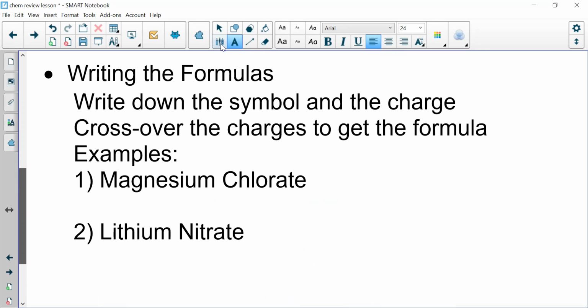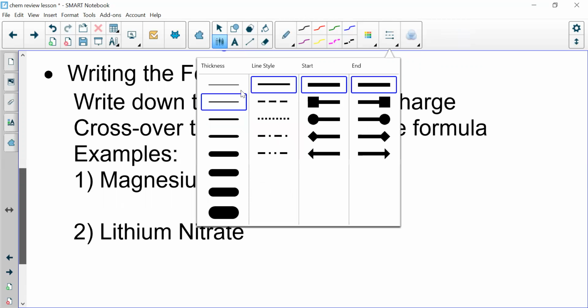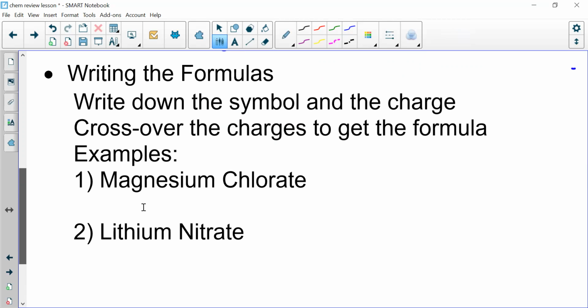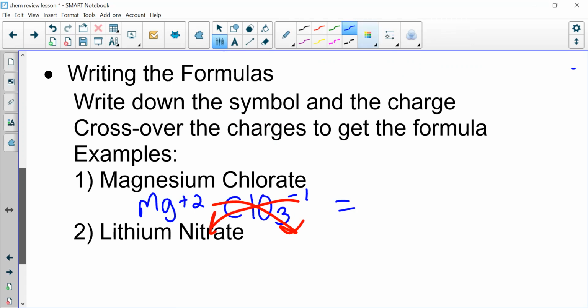So magnesium chlorate, what's the symbol and charge for magnesium? It's Mg+2. How about chlorate? ClO3 with the charge of -1. Good. So Stephanie, when you swap and drop, what do you get for magnesium chlorate?